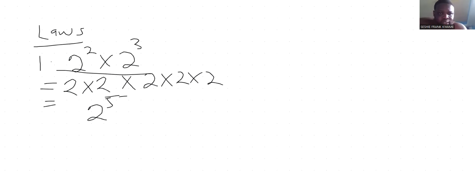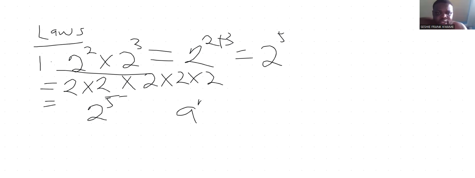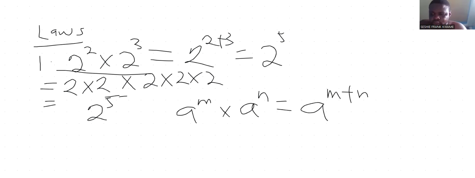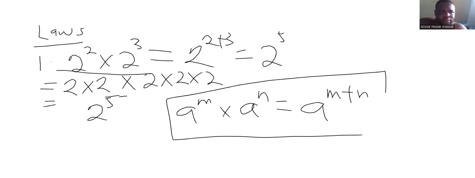In simple terms, the law says that once the bases are the same, you repeat one, then you add the exponents. That means you have 2 index 5 as your answer. So the first law states that if you have e exponent m times e exponent n, the bases are the same, you repeat it, then you add the exponents: m plus n. That is the product law of indices.